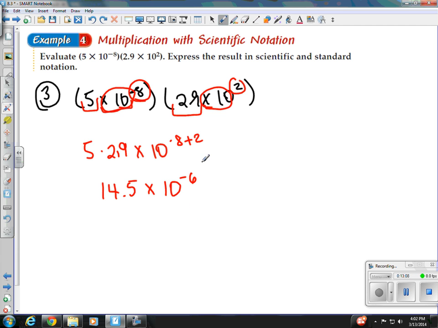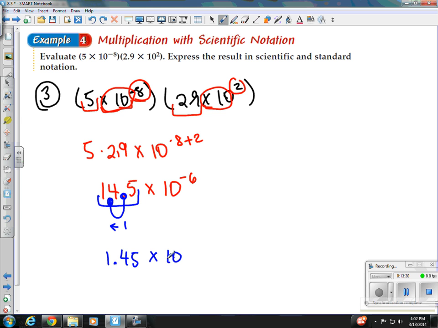Now our last step is to make sure our A factor is between 1 and 10. So 14.5 is big, it's bigger than 10. So this decimal here actually needs to move one place to the left to make it 1.45 times 10.